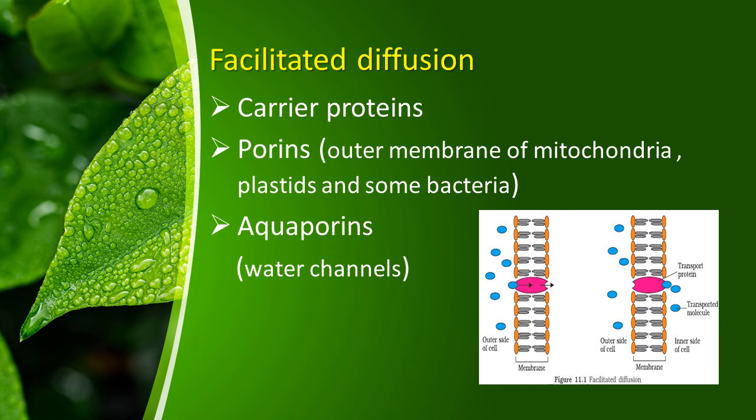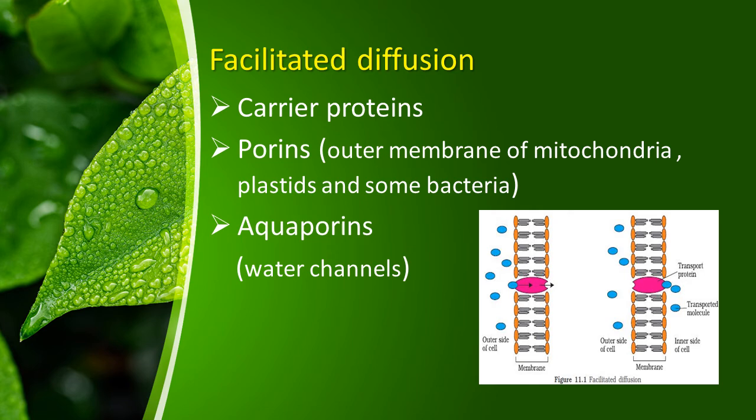Outside the plasma membrane, there are some substances that need to be transported into the cell. So the substances outside the plasma membrane get attached to the proteins on the plasma membrane, and these proteins help in transporting these molecules into the inner side of the cell.